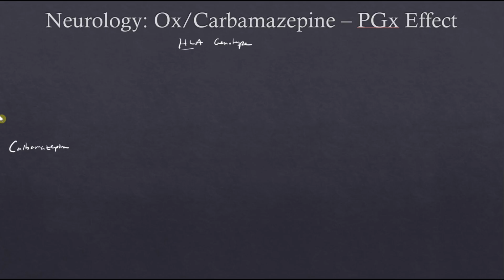Interestingly enough, we're actually going to talk about two HLA genotypes. That's why I didn't write HLA-B like we saw with phenytoin, because there's two different types. Let's also finish this setup. Because we're going to be looking at two different HLA genotypes, I'm going to split the slide in two. And let's see what those genotypes are.